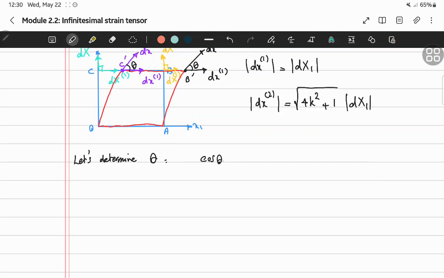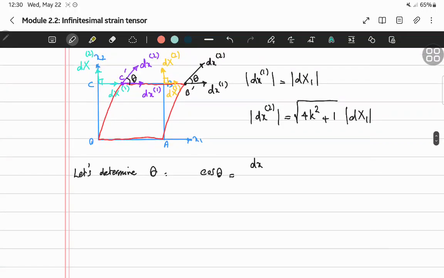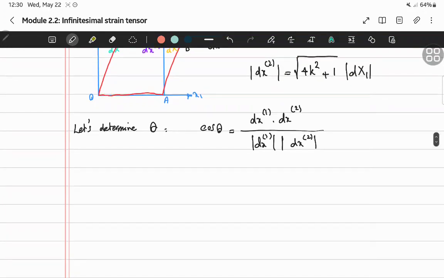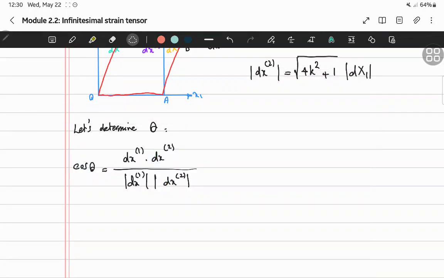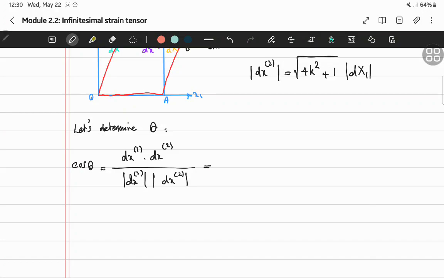So the cosine theta here is going to be the dot product of, since we are doing this in the current configuration, dx1 dot dx2 divided by their magnitudes.